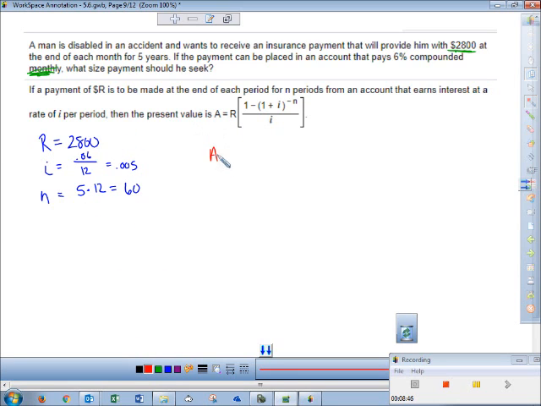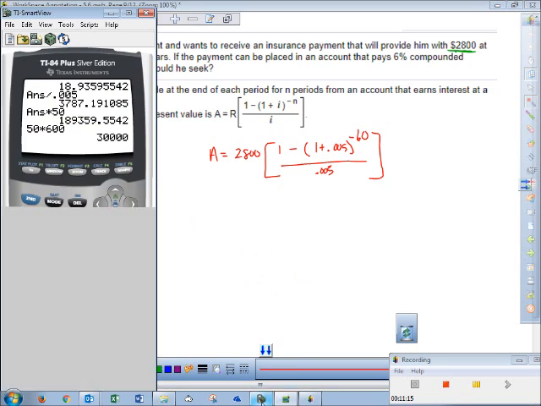So the amount he wants will be the 2,800 times all this stuff, 1 minus 1 plus 0.005 to the negative 60th, right? That's different, over 0.005. So, given the formula and figuring all this out, we can punch this stuff in now.